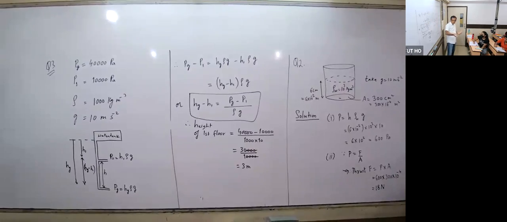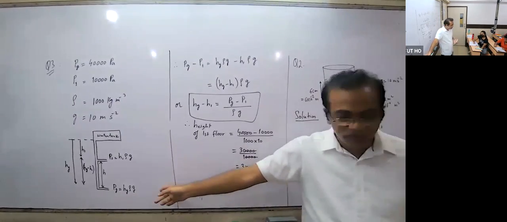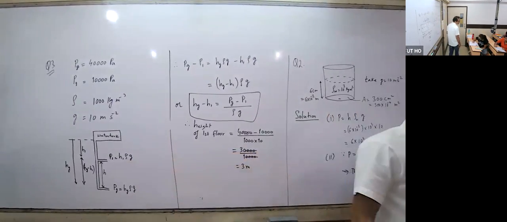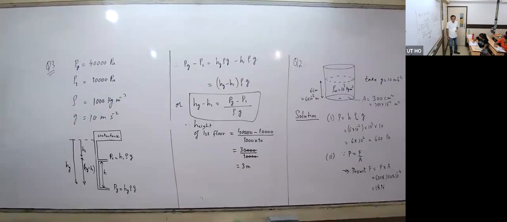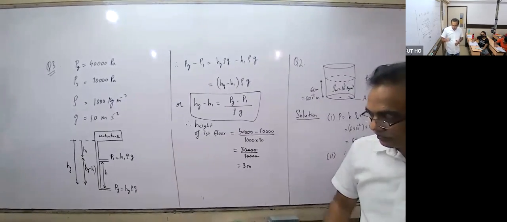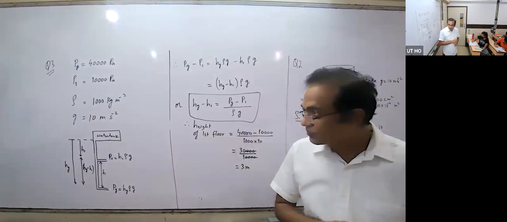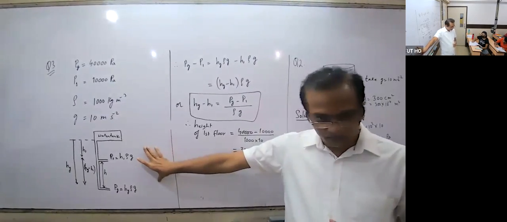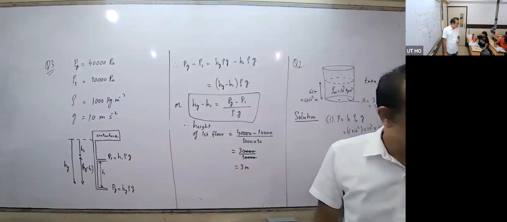Is that right? What you found is Hg minus H1. That's it. It's looking big, but it's not big. You don't have to draw this diagram. This is just to explain. Right?